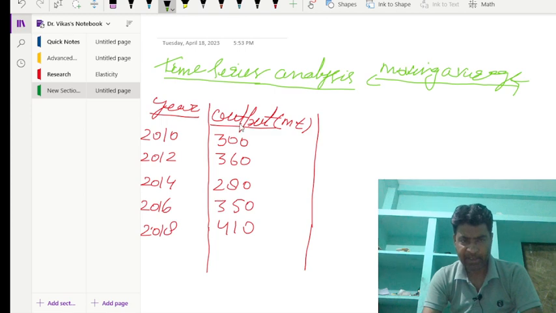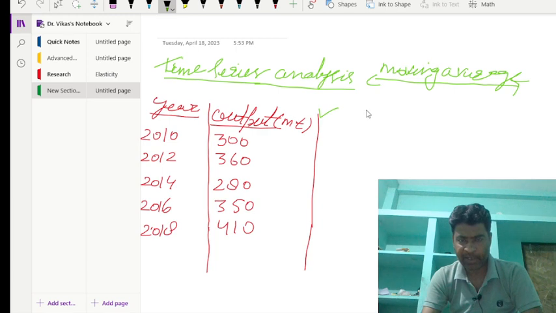Today I have taken a very simple example to make the time series analysis concept clearer to all of you. Here I am using the deviation method to find the trend output for a given year.